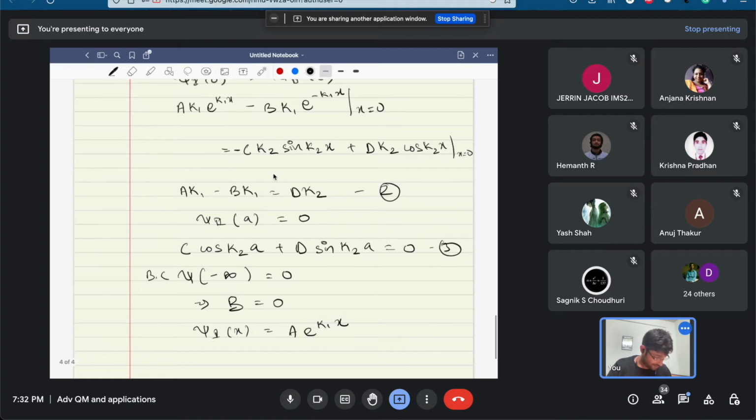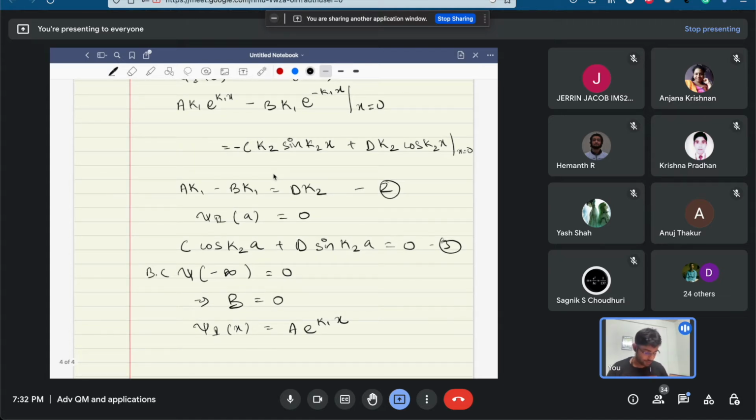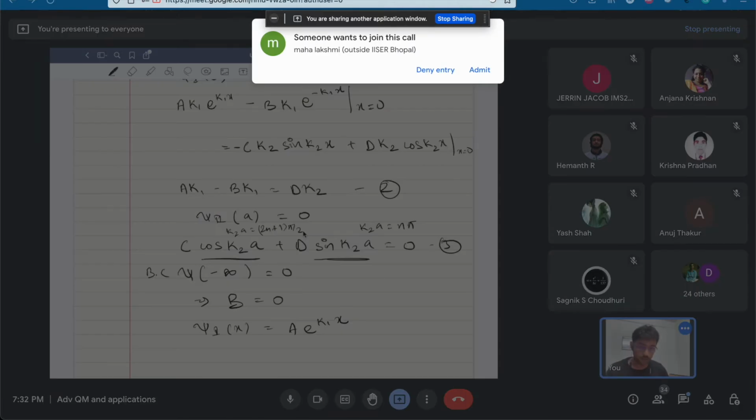You can either put this term as 0 or that term as 0, because they can both be 0 at different values of a. So sin k2a can be 0 at k2a equal to n pi, whereas cos k2a can be 0 at k2a equal to (2n plus 1) pi by 2. You can use any of these, because there is no given wave function that you have to consider for any case.